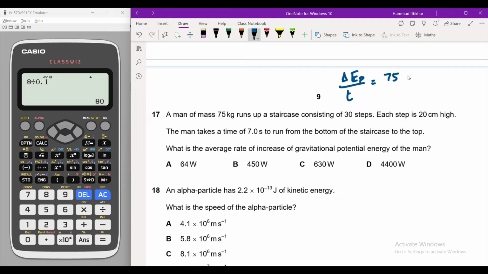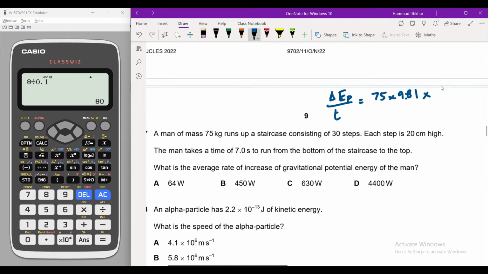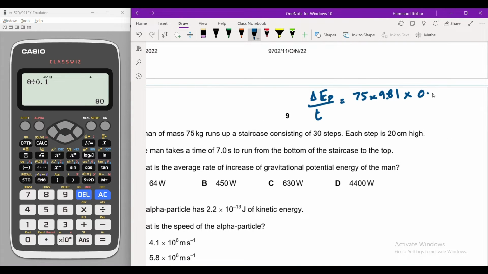So mgh, now h is 20 centimeters high, so that means 0.2 times 30 divided by 7. So 75 times 9.81 times 0.2 times 30 divided by 7. That is almost 630 watts.